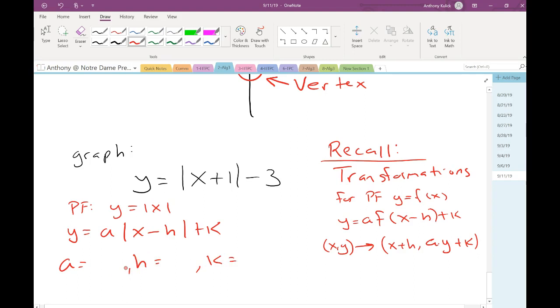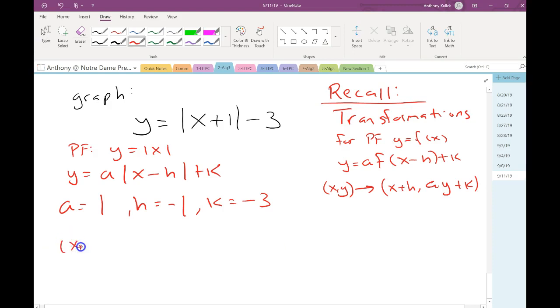What is our value for a here? 1 is correct. What is our value for h? -1. Remember, the h's are always the opposite of what they appear to be in the equation. And the k is -3.